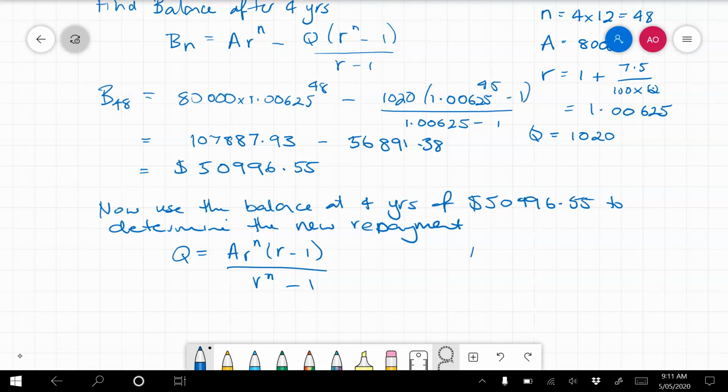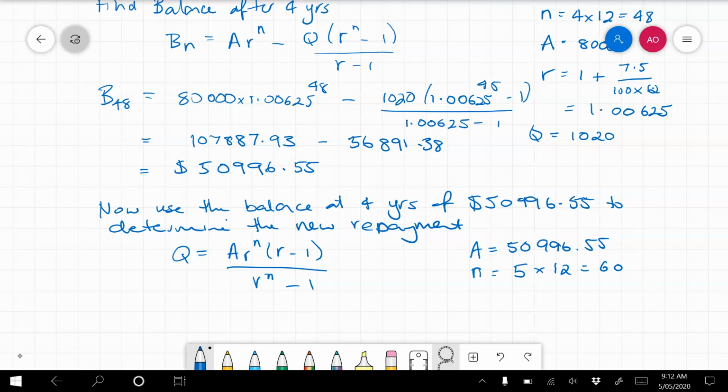So we need similar variables. Our A now is equal to $50,996.55. There were 9 years in total and I've used 4, so I've got 5 years remaining, and I'm still paying monthly, so I have 60 repayments left.